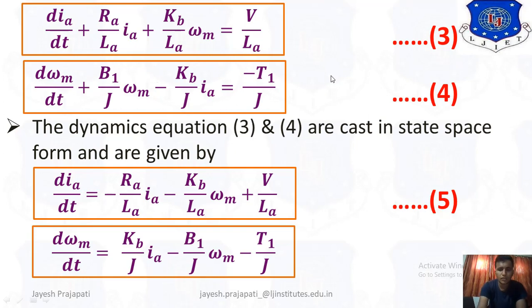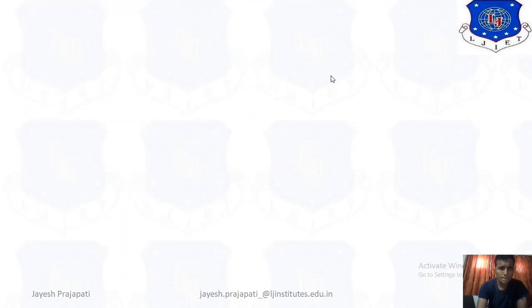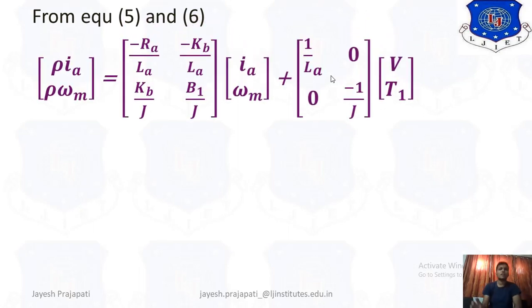So that is equation number 6, the dynamic equations 3 and 4 in state space form. Now, from equations 5 and 6 we can write this in matrix form.